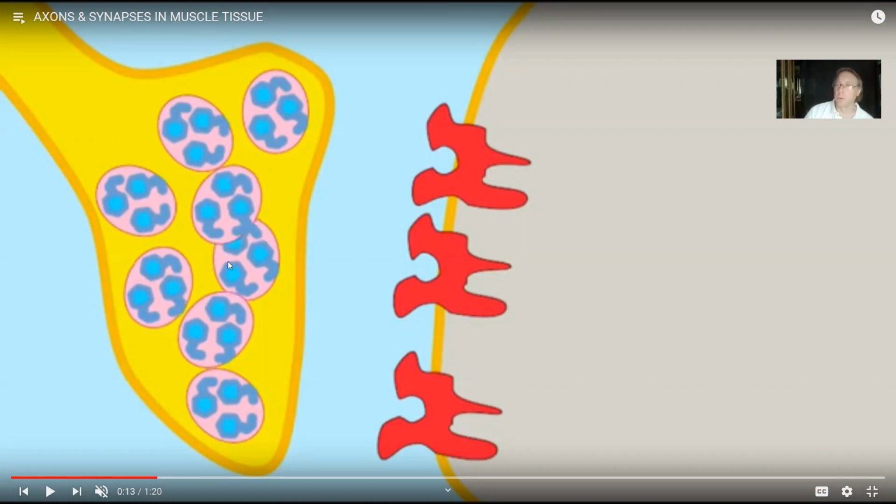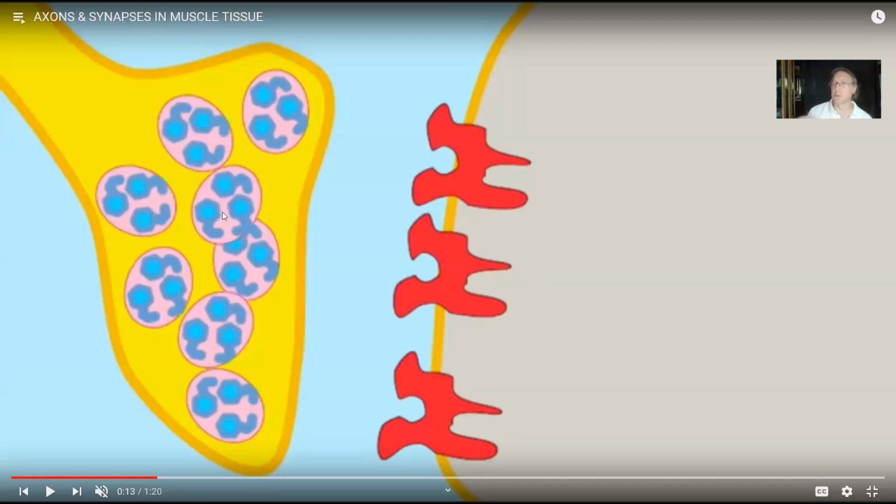And so here the message is converted, instead of being an electrical message which travels along one cell, to a chemical message which now jumps from one cell to the next. So at a synapse where one cell touches another, we're going to have chemicals called neurotransmitters pass, which then transmit the message.